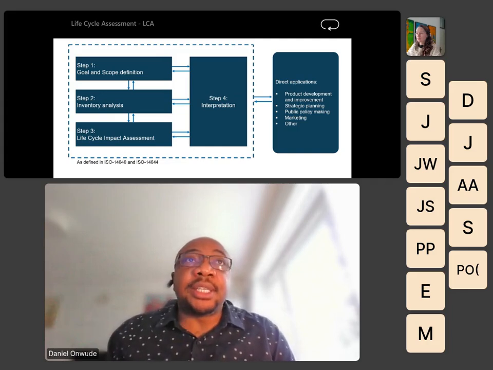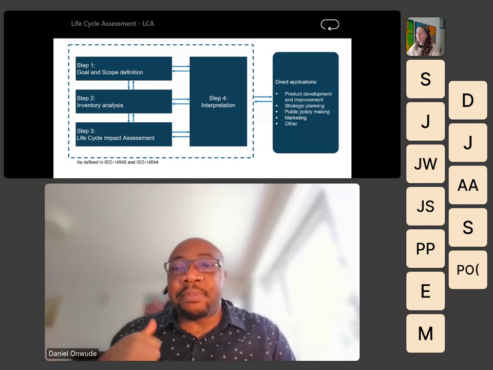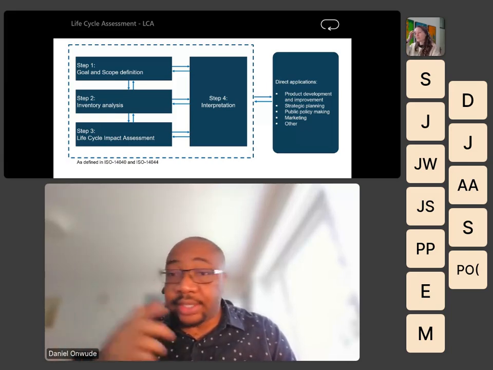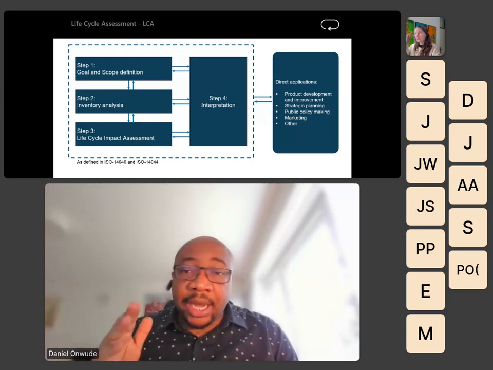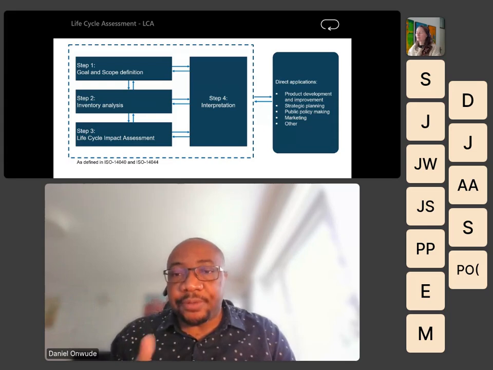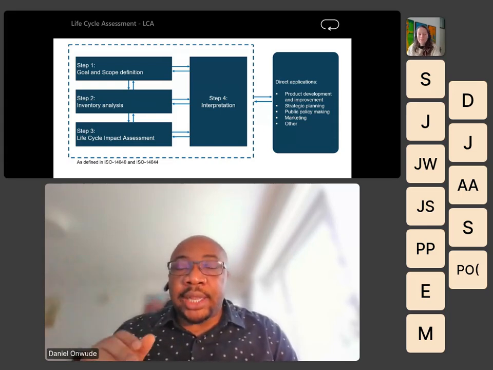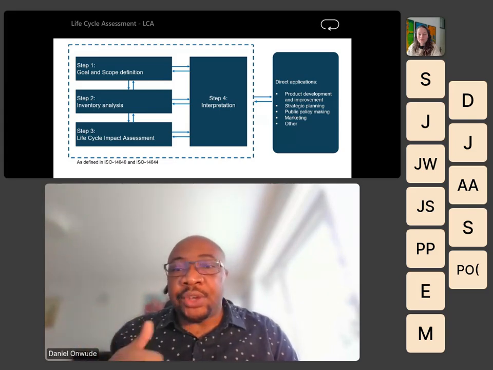The first step is the goal and scope definition. What does this mean? So the idea is for you to carry out this study or this approach, you have to first define your goal and then the scope of your investigation. So the idea is to ask yourself, why are you carrying out the study?